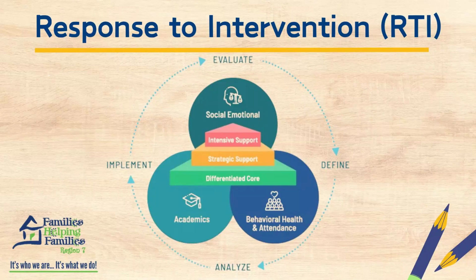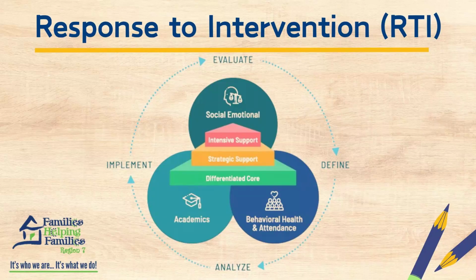Intensity varies across group size, frequency, and duration of intervention, and level of training of the professionals providing instruction or intervention. These interventions are usually in the areas of reading and math.